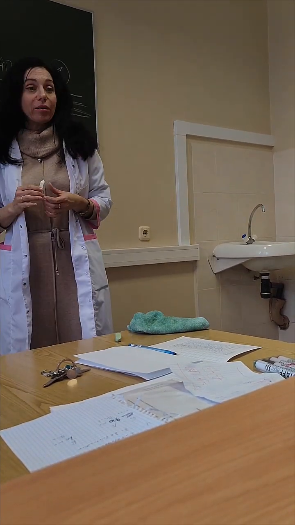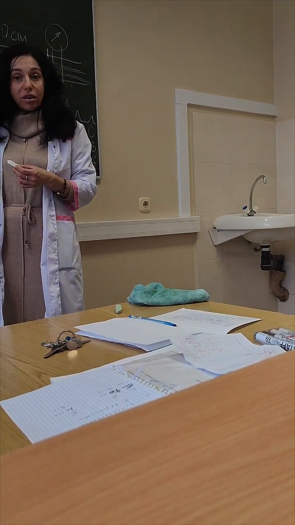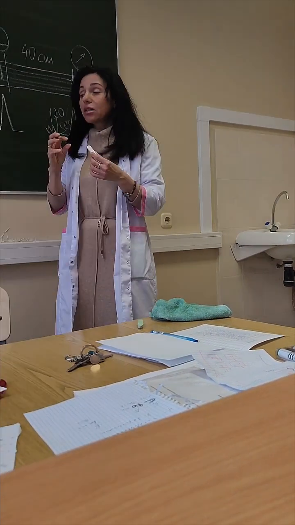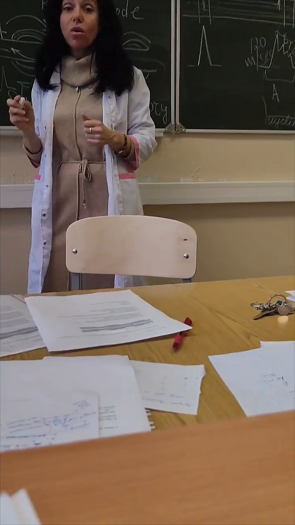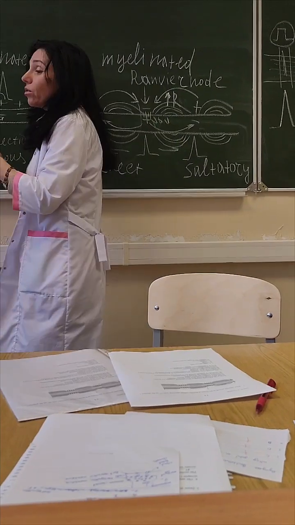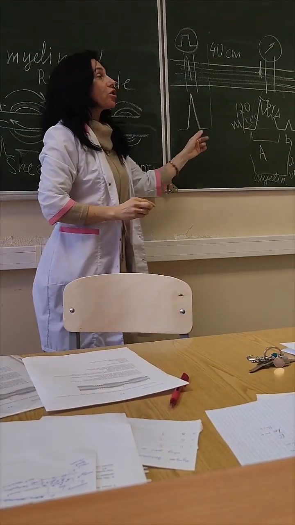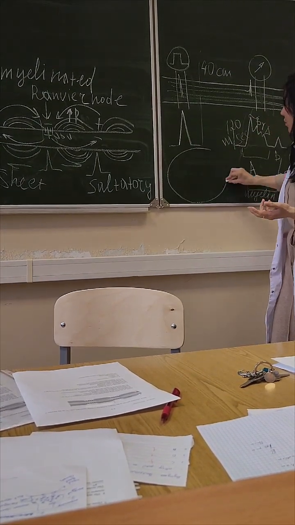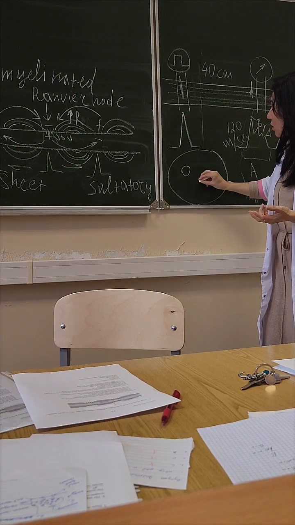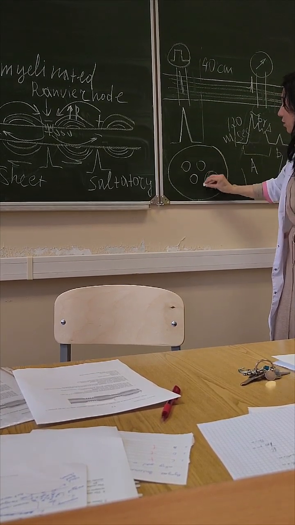Due to glia cells, the myelin sheath, and other cells surrounding nerve fibers. If you look at a transection of a nerve, in histology you can see some unmyelinated nerve fibers and myelinated ones.